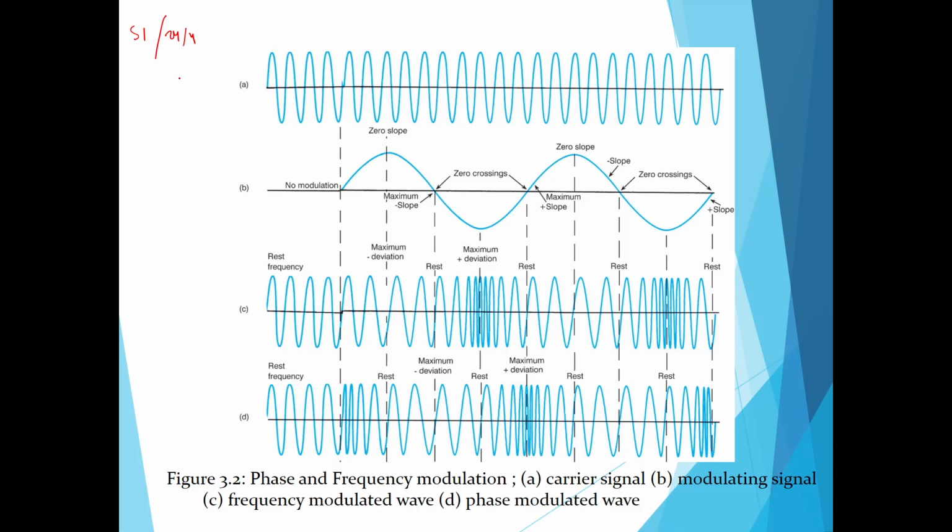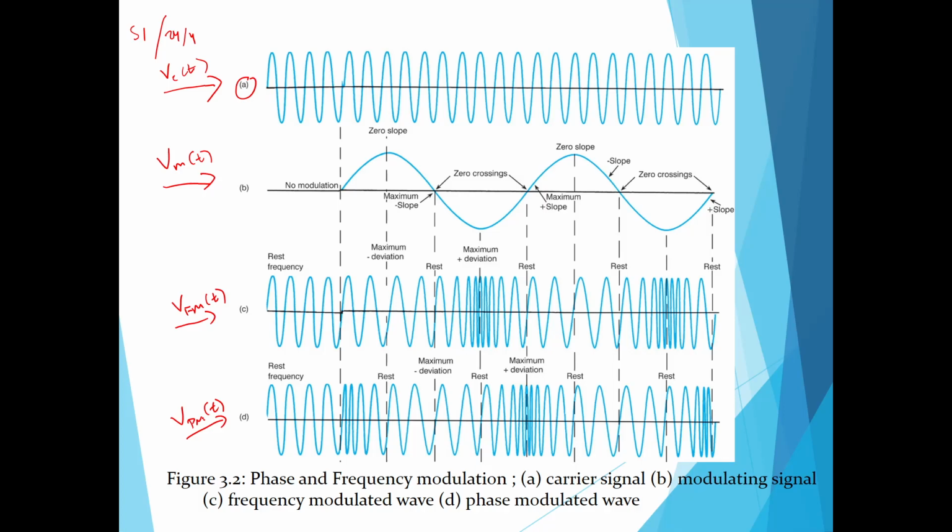So you see here, A is the carrier and this is the modulating signal. This is VCT, this is the VMT. C here is VFMT, and here is the VPMT.